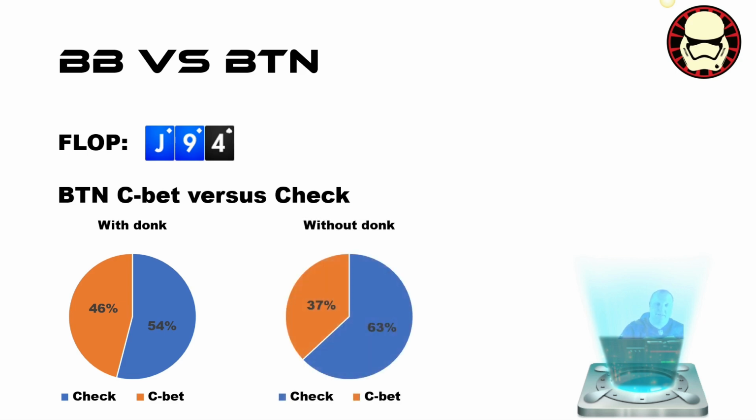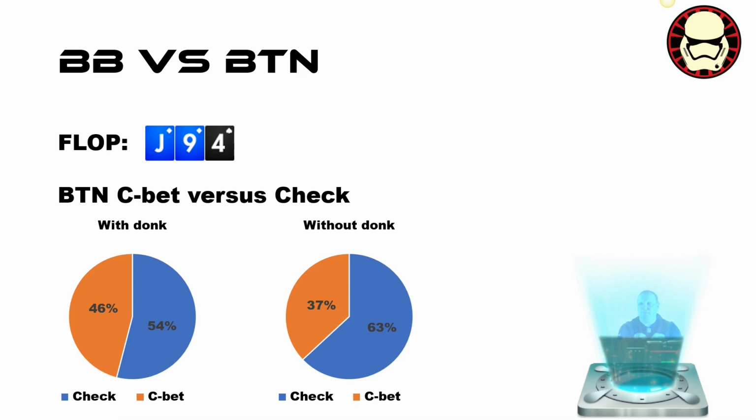But if the small blind doesn't have a donking strategy, then he's only going to c-bet 37%. So button's c-bet range is a lot stronger when the opponent doesn't donk. And then versus that stronger range, actually, the frequencies are quite the same.